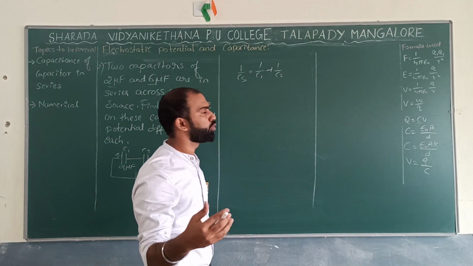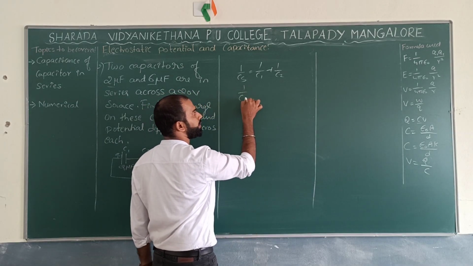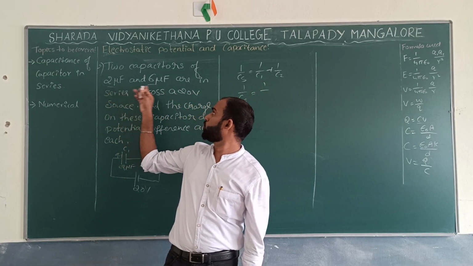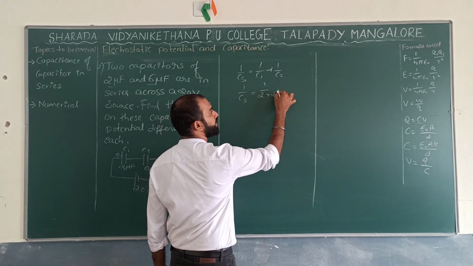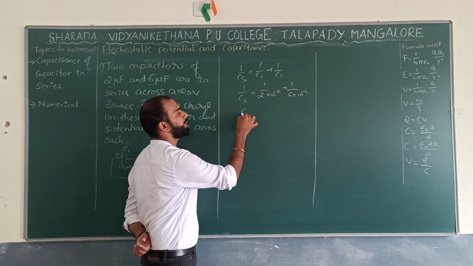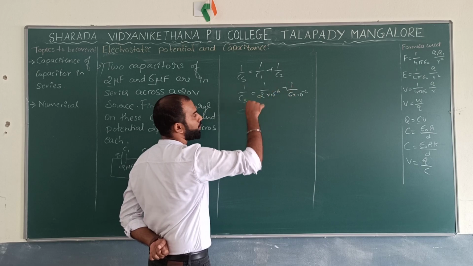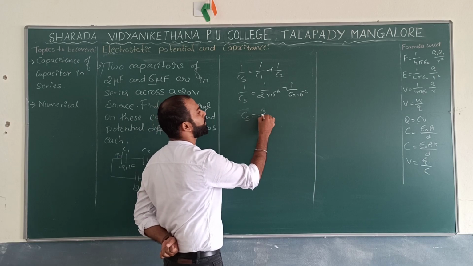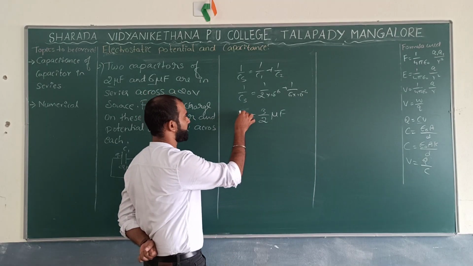So 1 by 2 plus 1 by 6 into 10 to the power minus 6. What is the Cs value I can expect? Cs is equal to 3 by 2 microfarad. This is how exactly I can expect the Cs value.